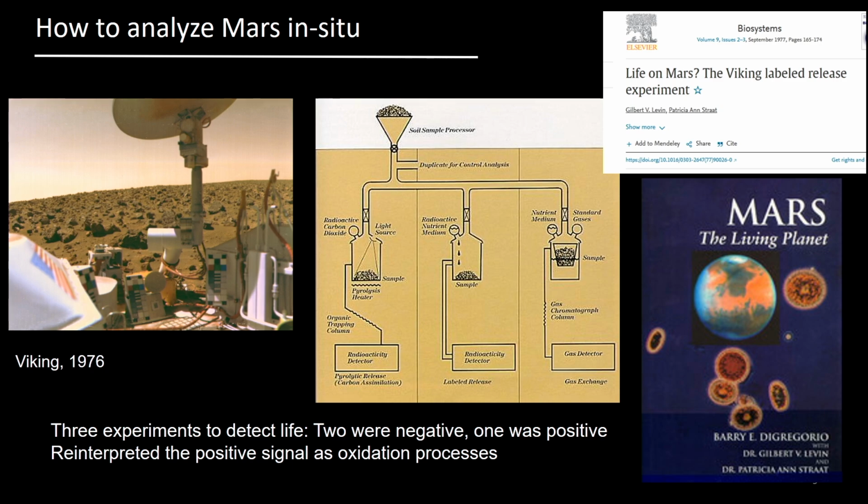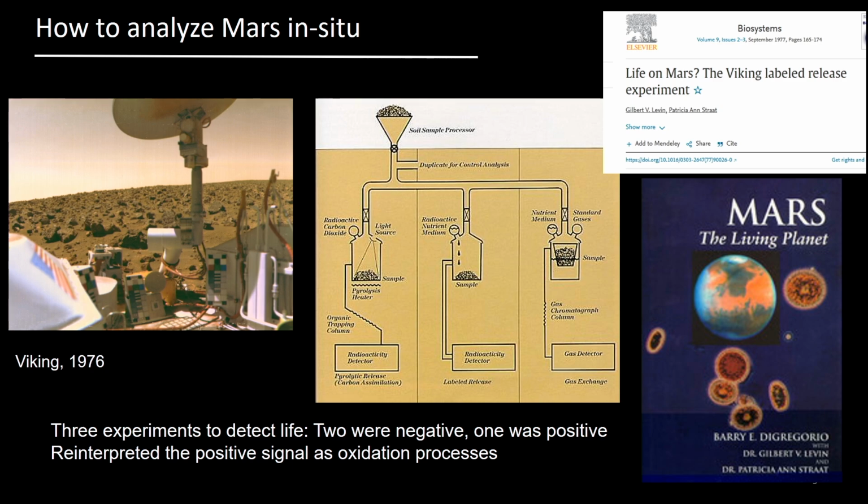And from the Viking images, at first look, of course, Mars is very, very dry, very cold, and this is the current investigation. But at that time, these were very old investigations of the current atmosphere. And at that time, scientists really did not know if life was present on Mars.